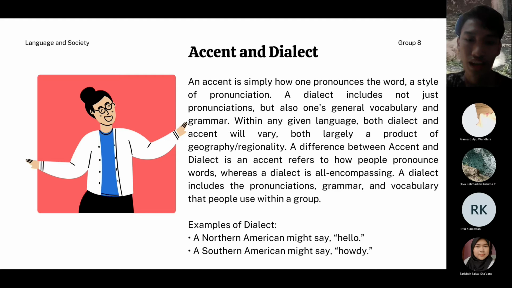The difference between accent and dialect is an accent refers to how people pronounce words, whereas a dialect is all-encompassing. A dialect includes the pronunciation, grammar, and vocabulary that people use within a group. Example of dialect: a Northern American might say hello, a Southern American might say howdy.